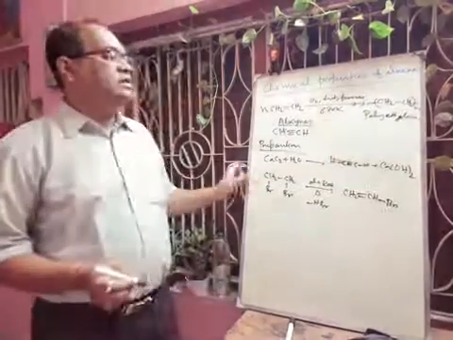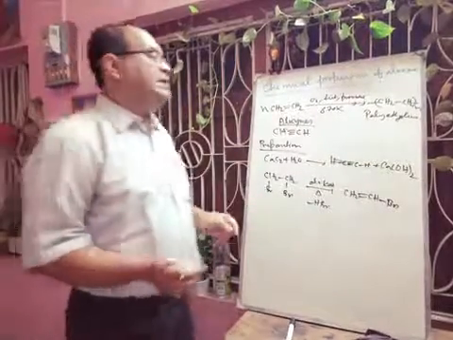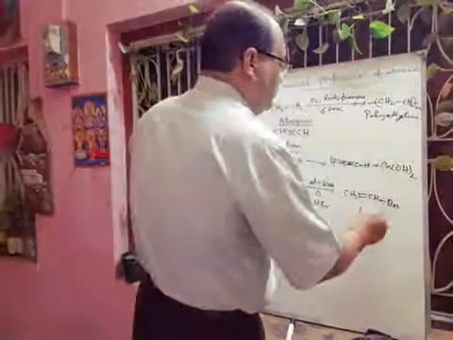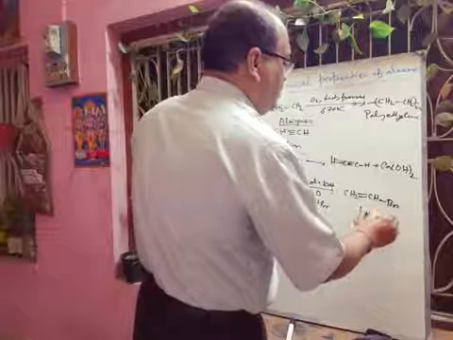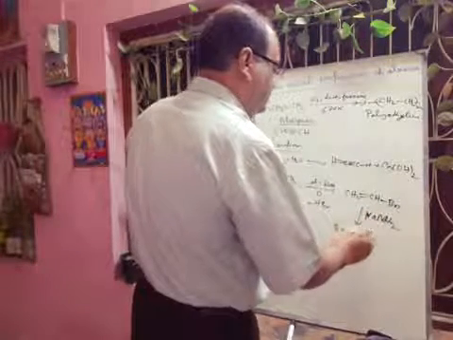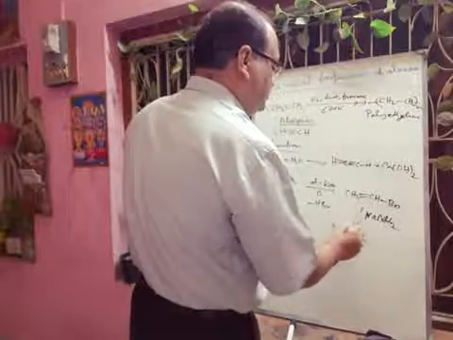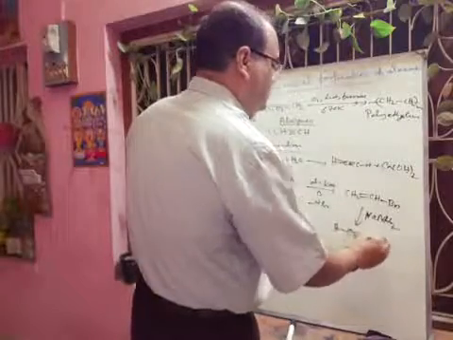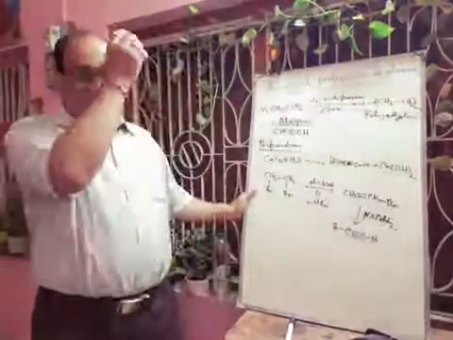So here is elimination of one HBr. In the next step, you have to use sodamide in liquid ammonia. So whenever you will use sodamide in liquid ammonia, then there will be formation of acetylene. So in this way also you can prepare acetylene.